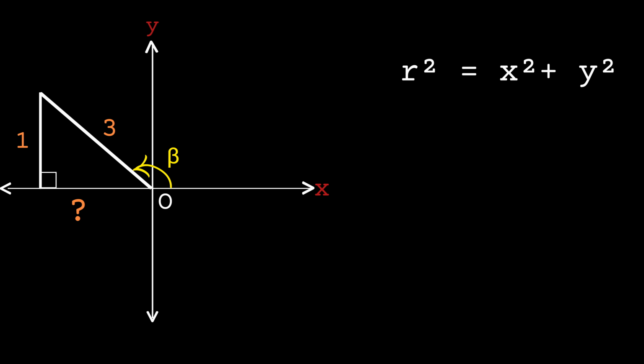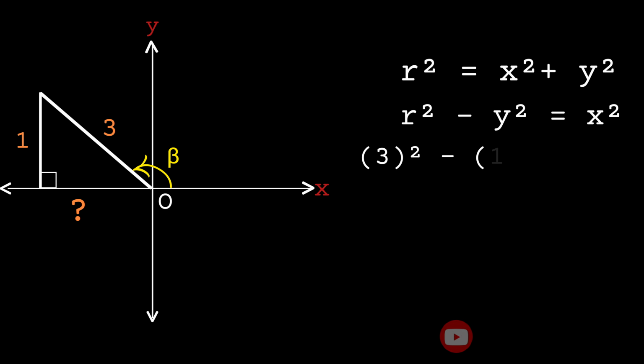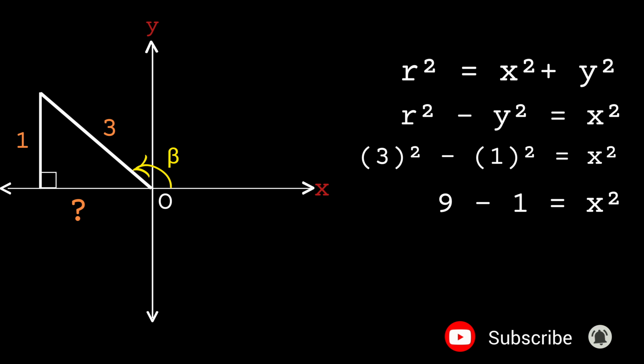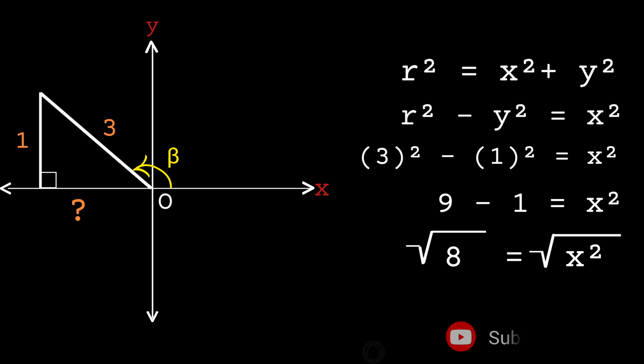We have the value of r and the value of y, so we can make x squared the subject of the formula by taking y squared to the other side of the equal sign. The value of r is 3 and the value of y is 1. 3 squared is 9 and 1 squared equals 1. 9 minus 1 is 8, and we square root both sides of the equal sign, which equals 2 root 2.